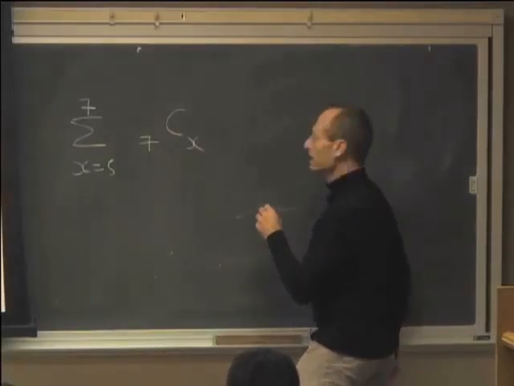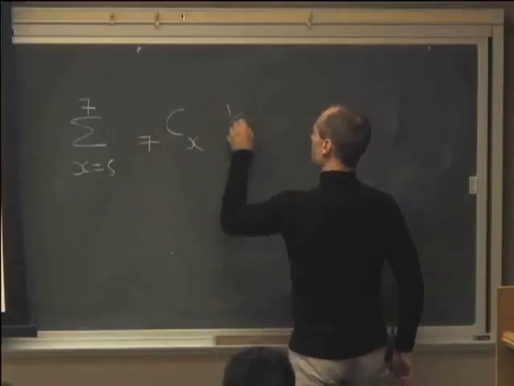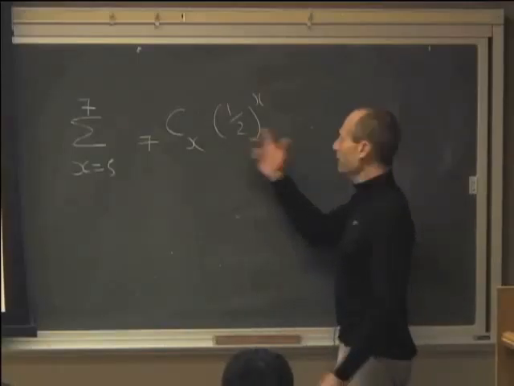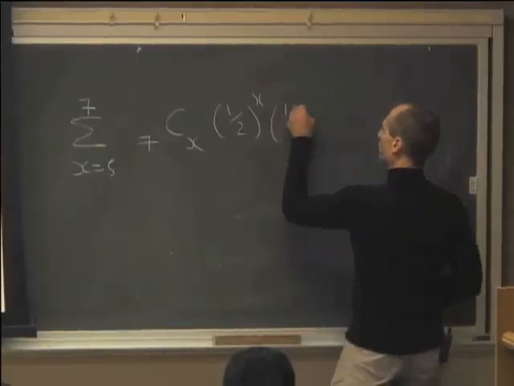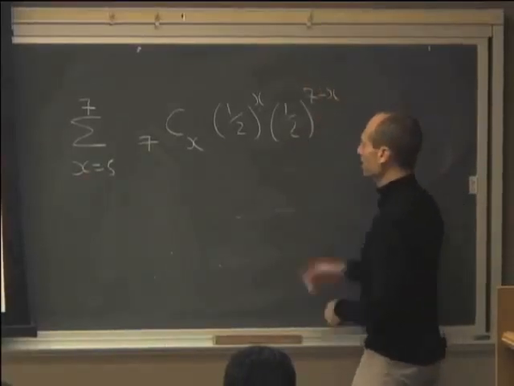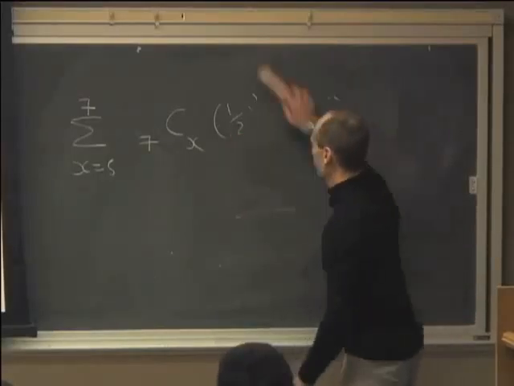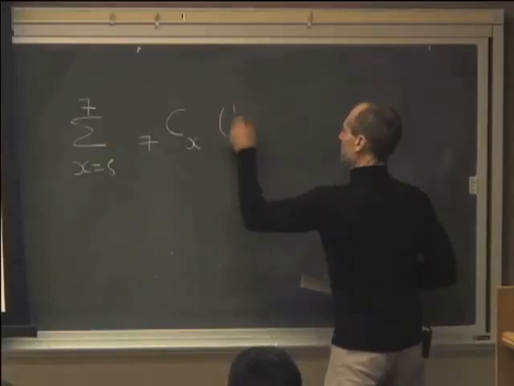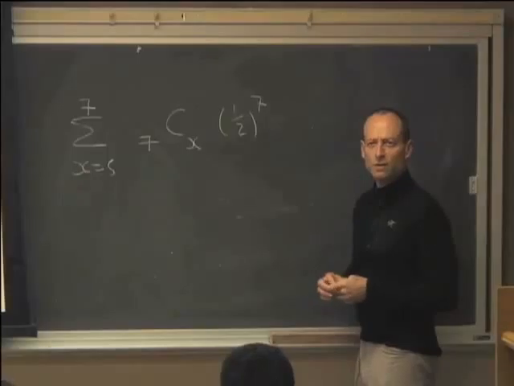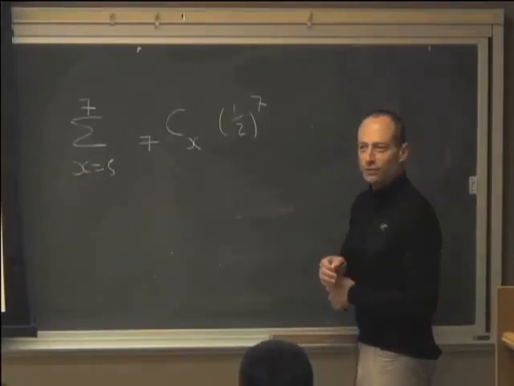Yes? And the chance that that happens is we have chance a half for each of the heads. They're independent, and we have a chance a half for each of the tails, of which there have to be 7 minus x. And in fact, a half to the x times a half to the 7 minus x is just a half to the 7th, right? Because this coin's fair.